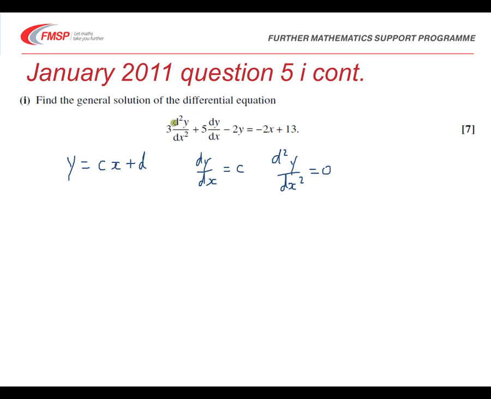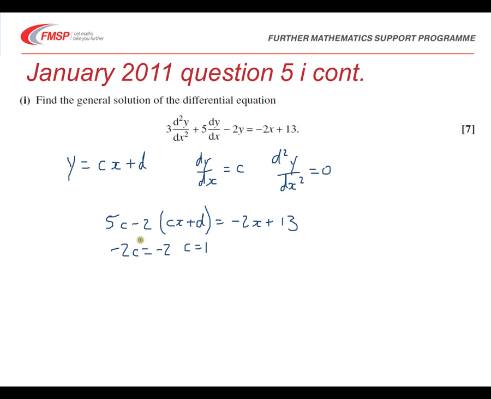I get 3 lots of 0, which can be ignored, 5 lots of c, minus 2 lots of cx plus d is equal to minus 2x plus 13. Looking at my coefficients of x, on the right hand side I've got minus 2, on the left hand side I've got minus 2c, so minus 2c equals minus 2, c equals 1.